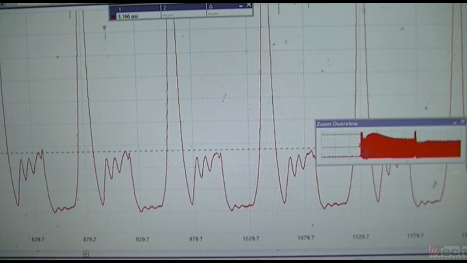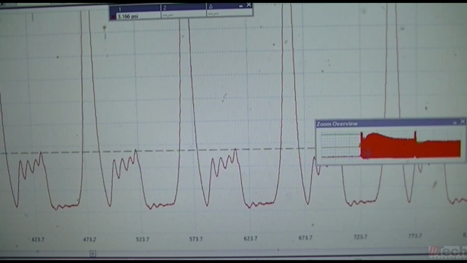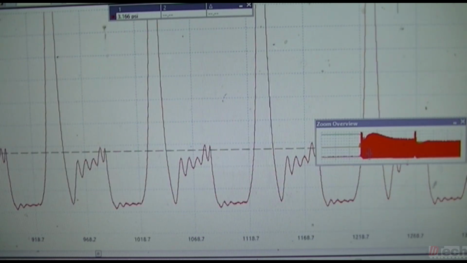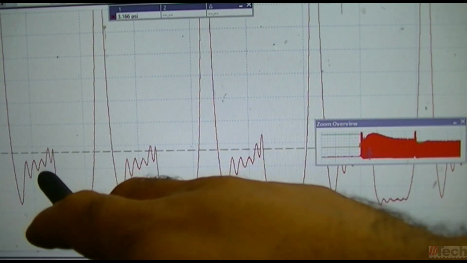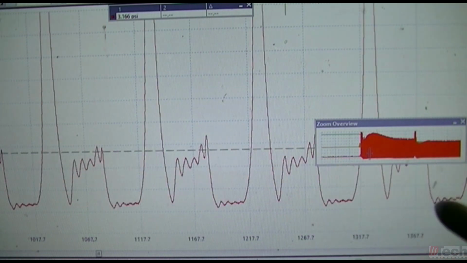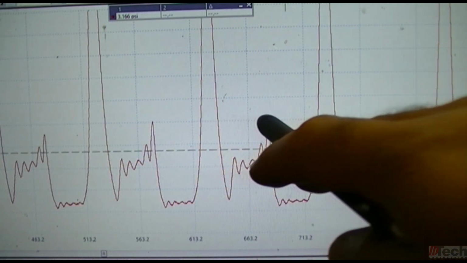And we're still very early on in the capture, right about that point. And we're starting to already see how it's then coming back, as you can see.